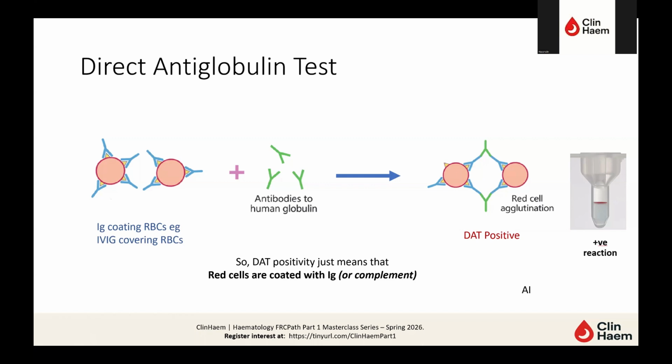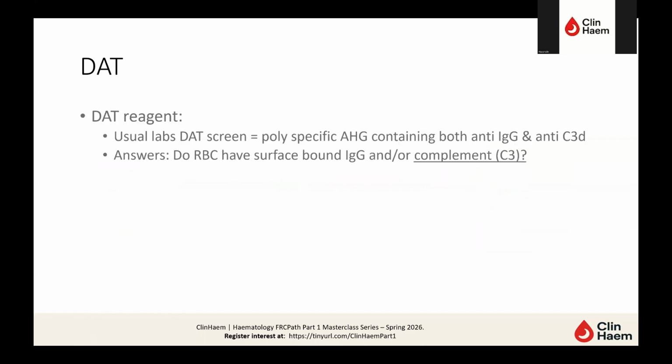That's all. It can't tell you if they're auto or allo or just IVIG or whatever. A bit more about that, because this is again very important. As I've said, that reagent is just a mixture of anti-human globulin, and that has specificity against both human IgG and complement.